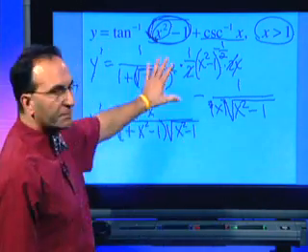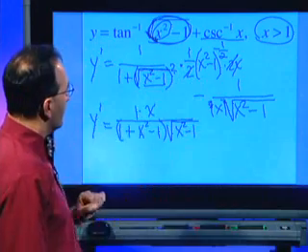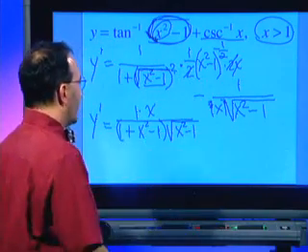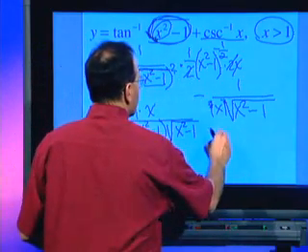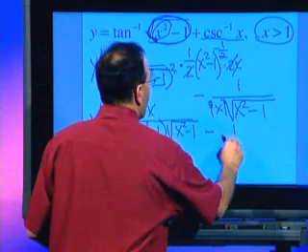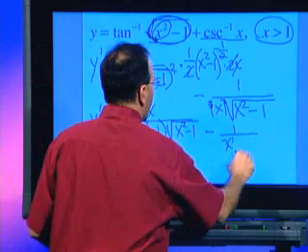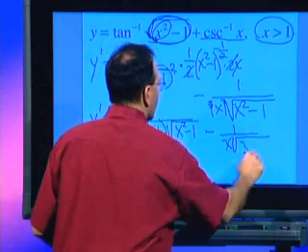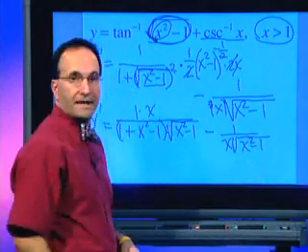So that's the first part simplified. This other part we will leave as is at the moment, so it's going to be minus 1 over x times the square root of x squared minus 1.